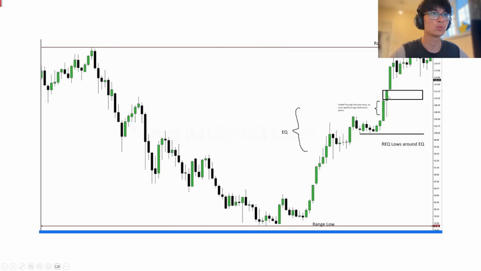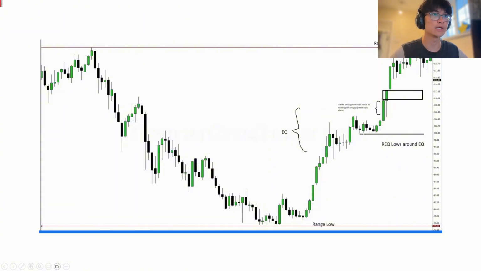and it's much less significant than this fair value gap here. Why? Because using these lows, you can use this as your external range liquidity, which in your grander scheme of things is your internal range. So from using this external range low to this external range high, this is your internal range liquidity.